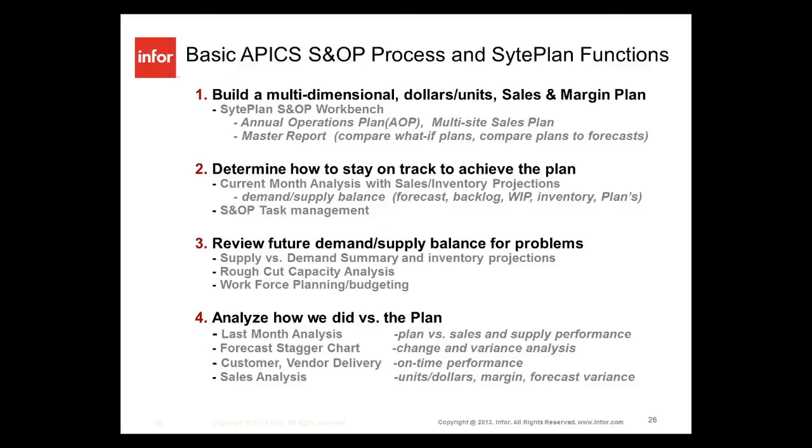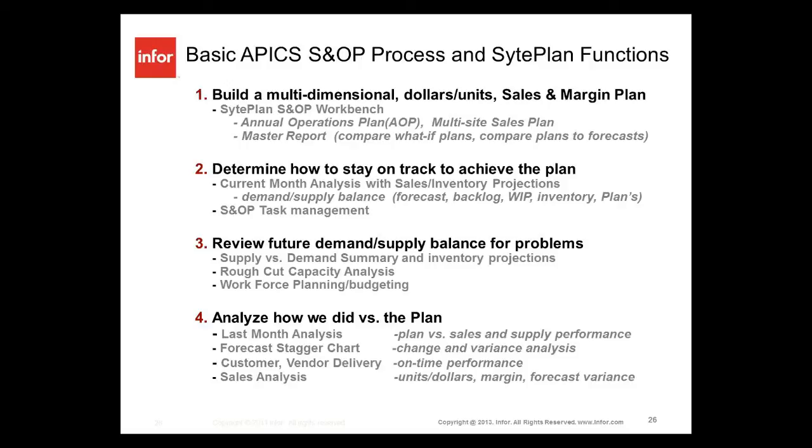And then finally, a lot of analysis tools that are great for presenting in your S&OP meetings, which show how did we do last month versus our plans. A forecast stagger chart that shows what the forecast is and how close it was to what actually happened and how the forecast changed over time.